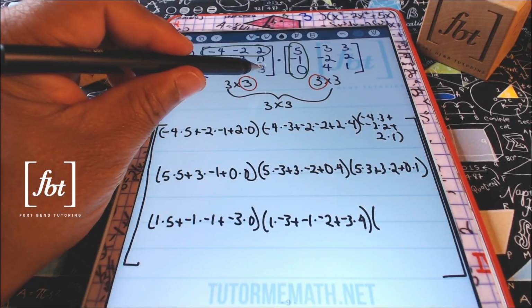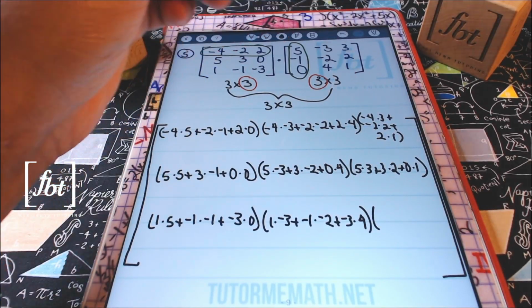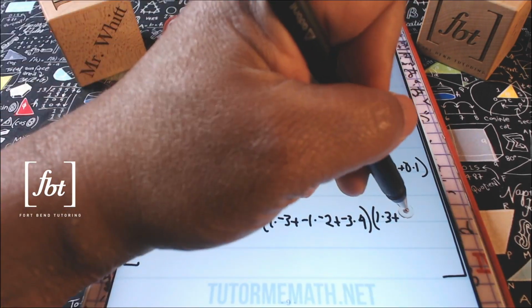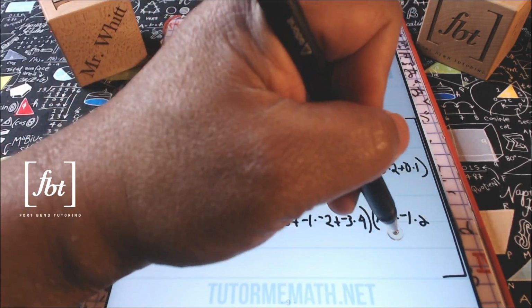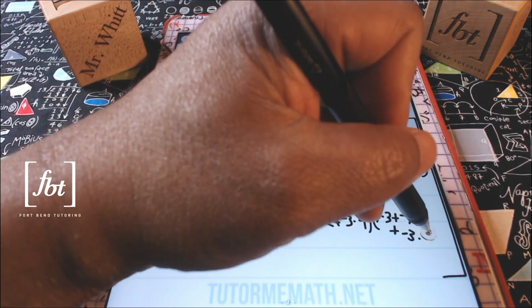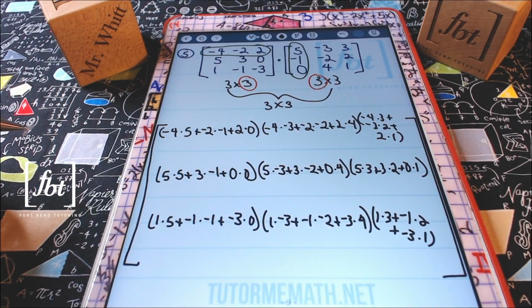Finally, we'll have the last row times the last column. You'll have 1 times 3, -1 times 2, and also -3 times 1. All right, so this is going to be the setup for constructing our resultant matrix for problem number 5, guys.